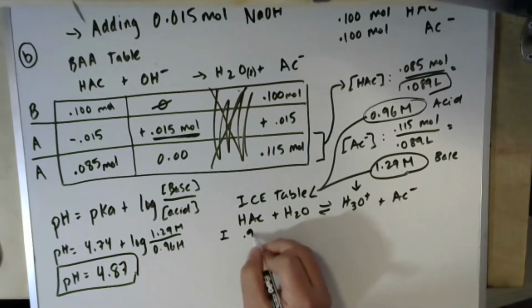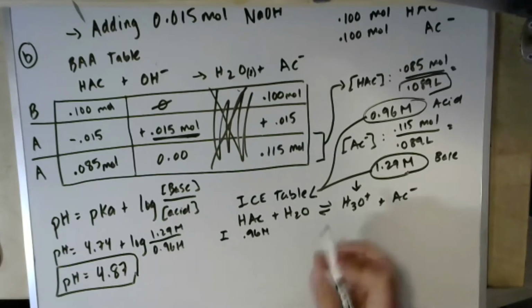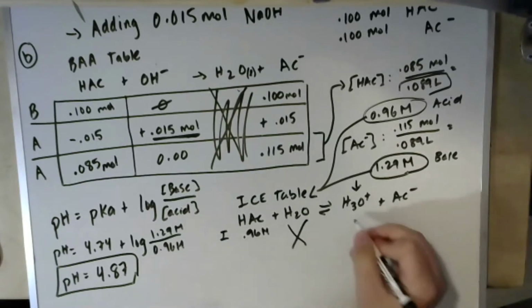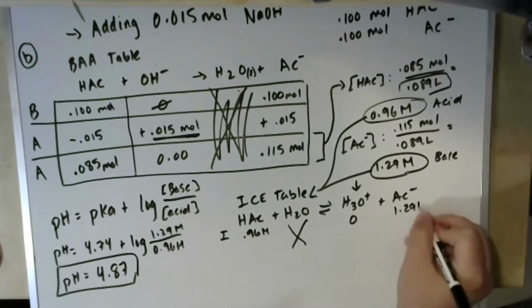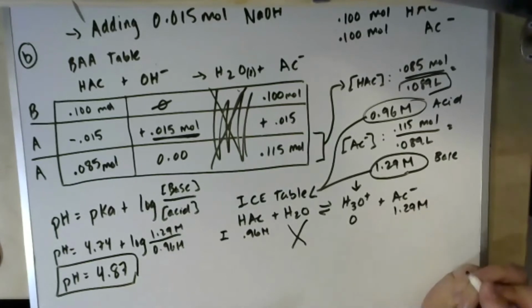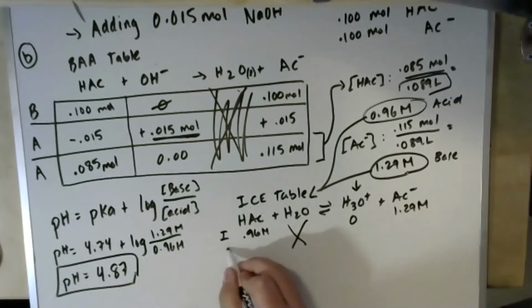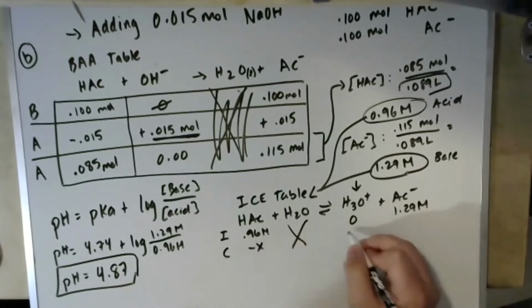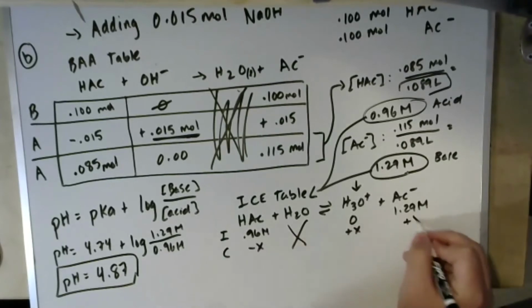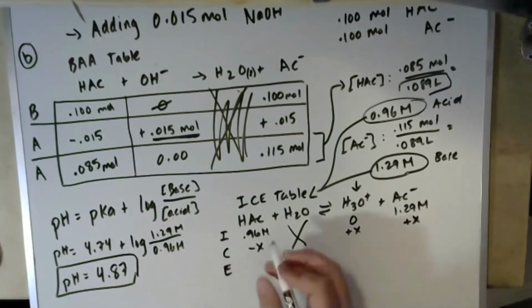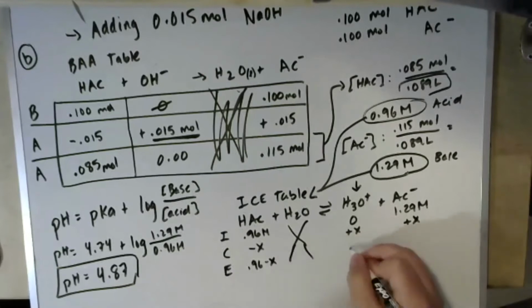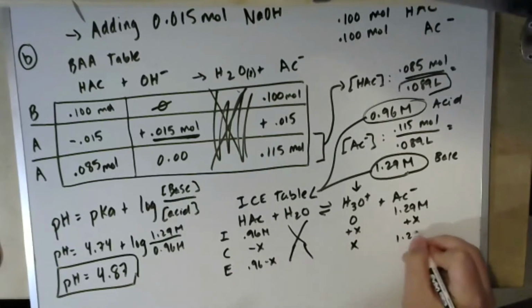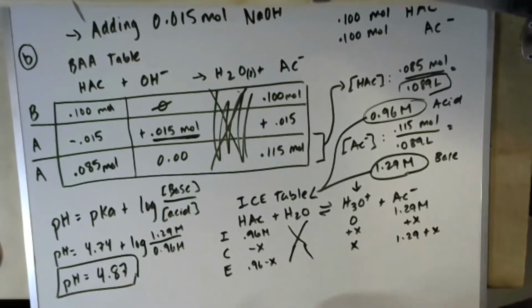So we have 0.96 molar acetic acid. We don't need to worry about that. No H3O plus yet, and 1.29 molar Ac minus. So then our change is going to be minus x, plus x, plus x. And our equilibrium is going to be 0.96 minus x, x, and 1.29 plus x.